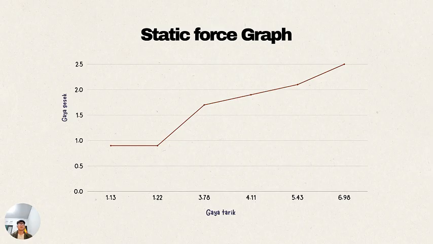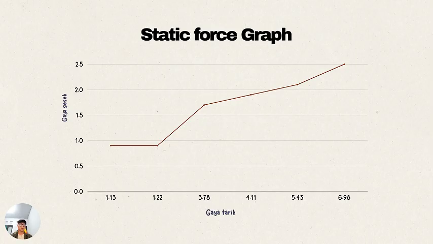Now, 3.78 has more friction force. As you can see, the more pull force you have, the more friction force you have. That's because of the equation: friction force equals mu k or mu s times normal force.